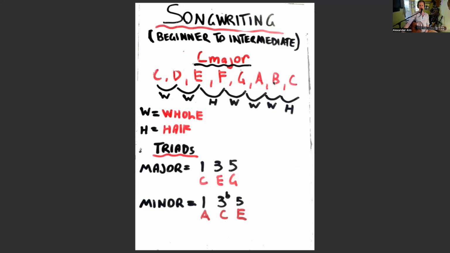There are no sharps or flats needed, because there's only a semitone interval there. So if I play these notes individually, A, C, and E, and then put those together, I get A minor. Pretty cool, eh? So we're constructing chords now with this scale.